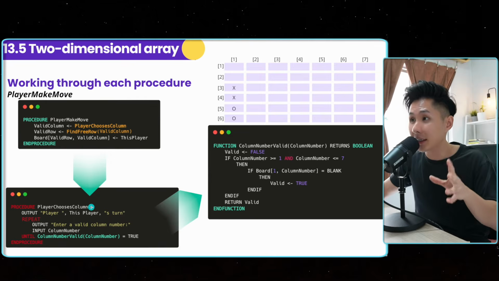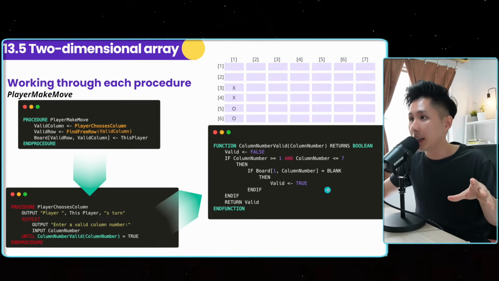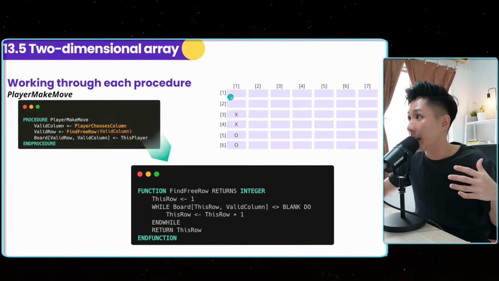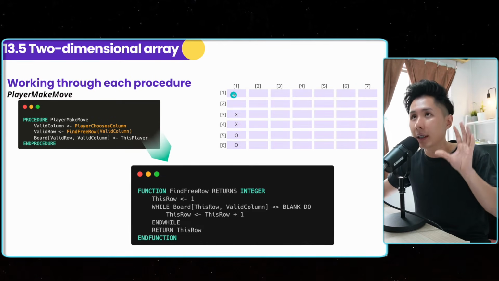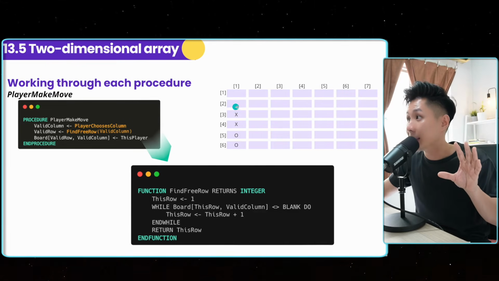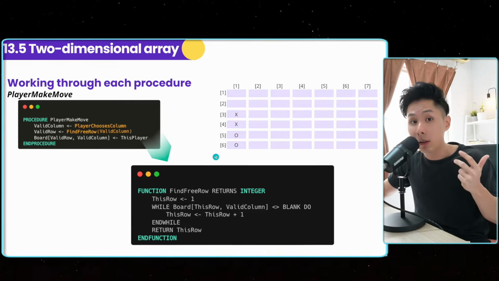So once the user has entered a valid column number, then we'll go into finding the correct row. Let's say 1 is blank, right? That means it is a valid column number, and now we need to find out where the free row is. In this case, it should be 2. So this is what our algorithm will do.